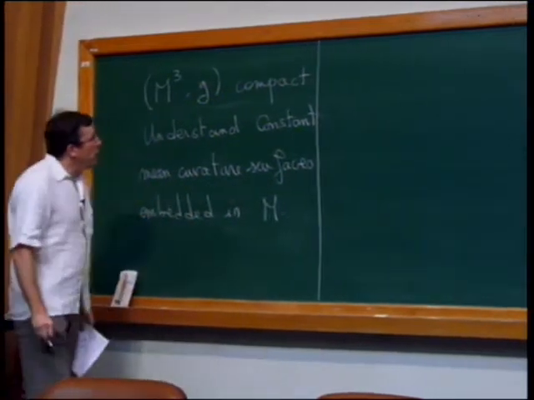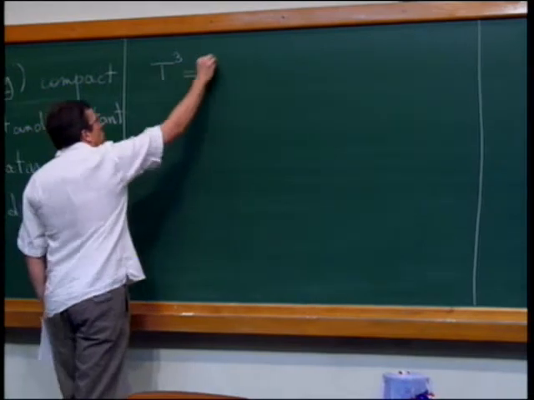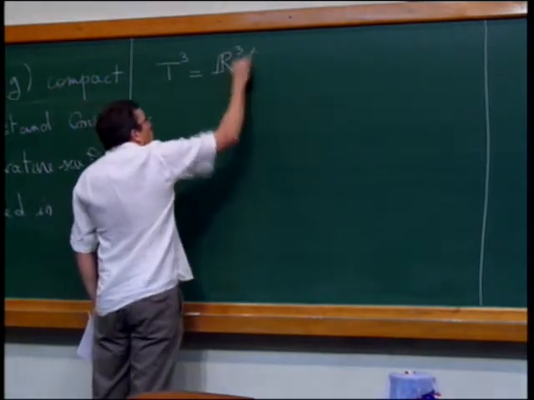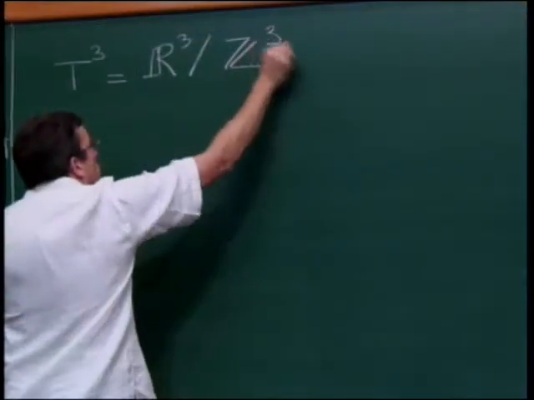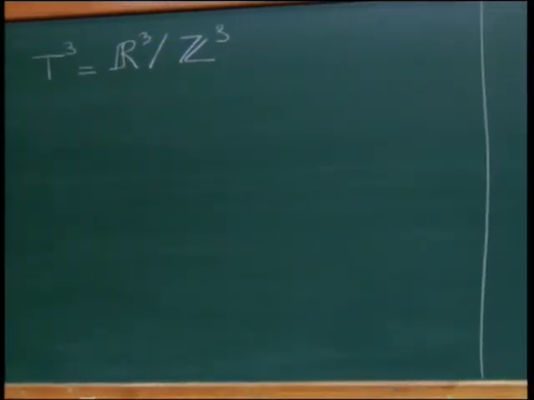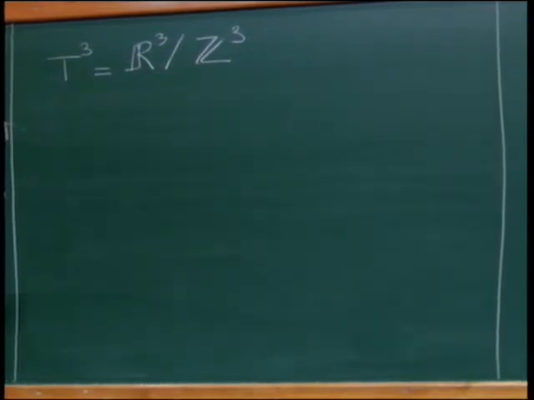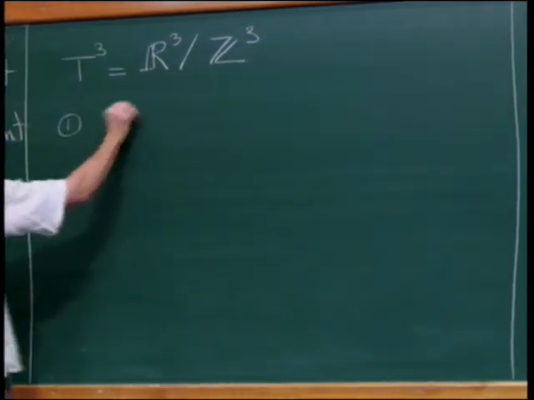So maybe the easiest thing to do is to start with a torus, a flat torus. Okay, and the problem is, do you know any constant mean curvature surface in a flat torus? And the answer is yes. So the first type are spheres.